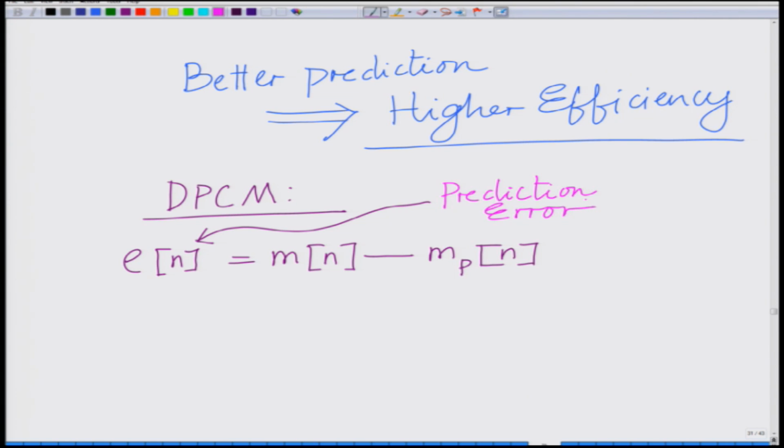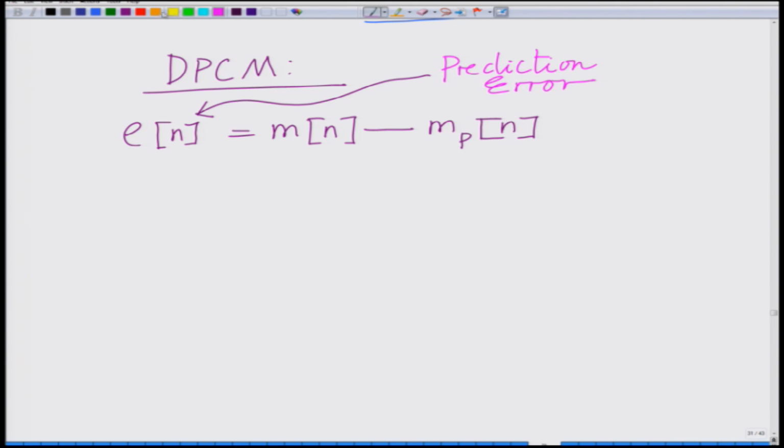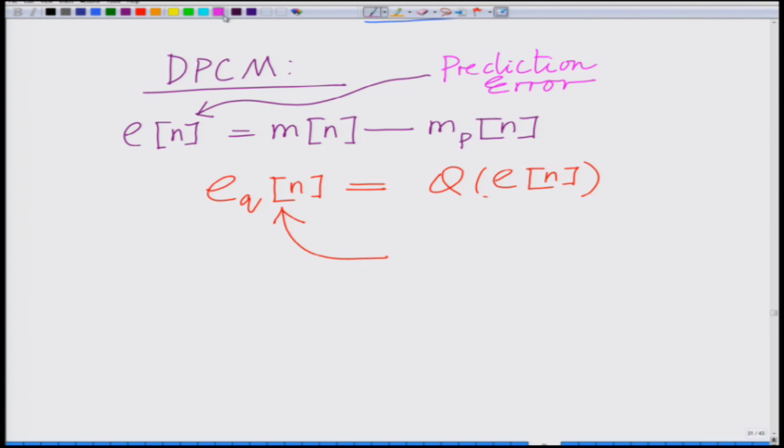Now this prediction error is quantized. We quantize this prediction error to get the quantized prediction error, Q of e[n]. Now, the better the prediction, the lower the prediction error, the better the quantization.